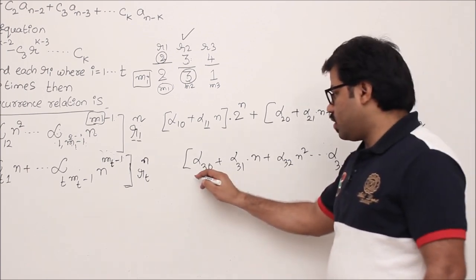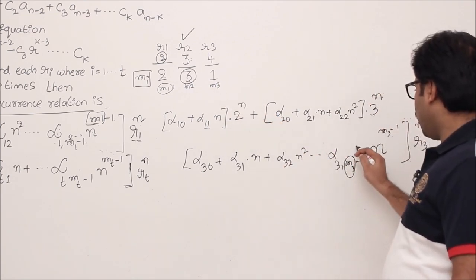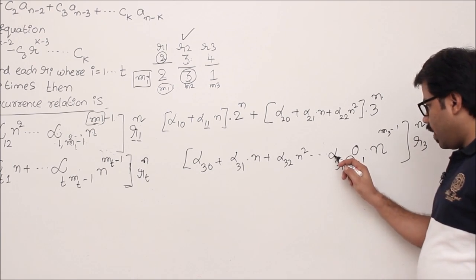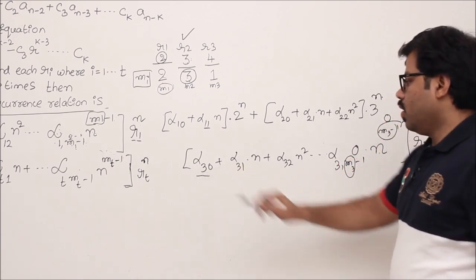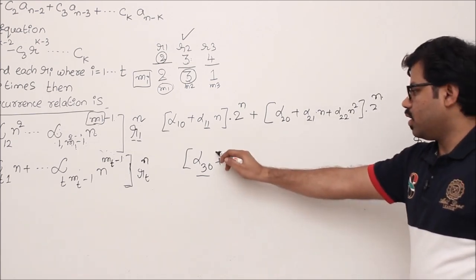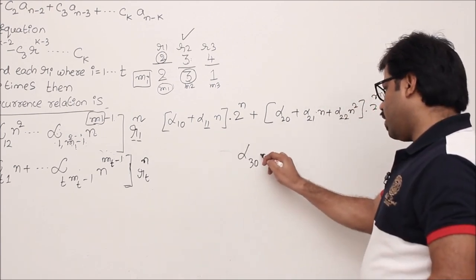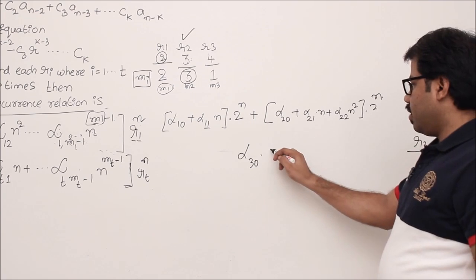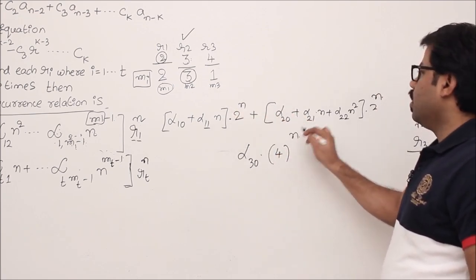Correct? So let's do that again. What is m3 here? Let's substitute 1. 1 minus 1 is 0. That means we should go only to alpha 3,0 into n power 0, the first term. So these other terms will not be there, correct? So it will be alpha 3,0 into r3 power n. What is r3 here? 4 power n. That's it.